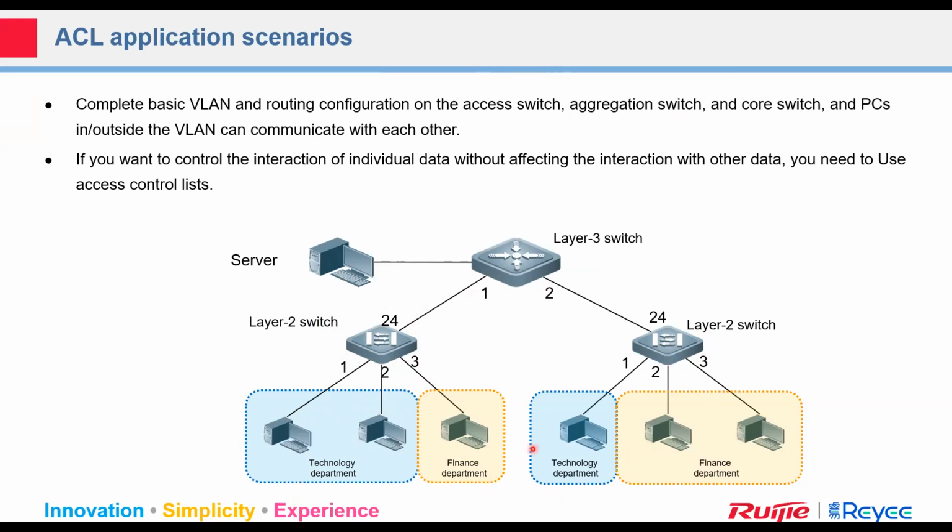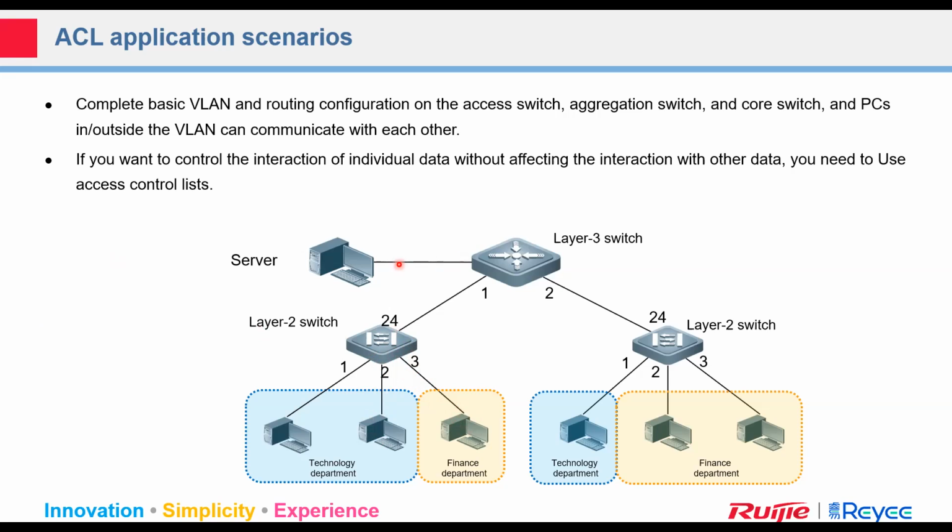For example, by default, the finance department can talk to the technical department, but you can make more restrictions where, for example, the PC connected to port number 2 and the PC connected to port number 3 are being blocked. You can block this.